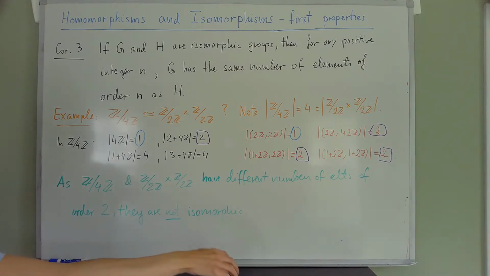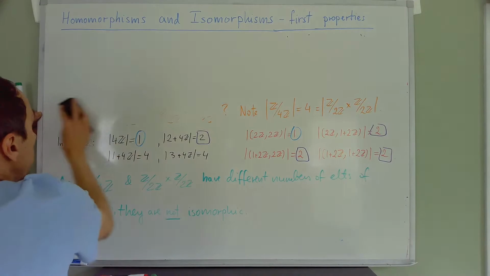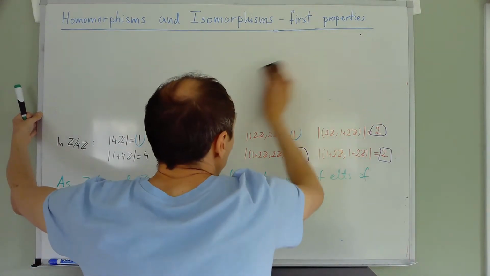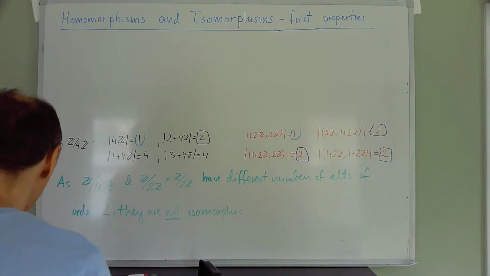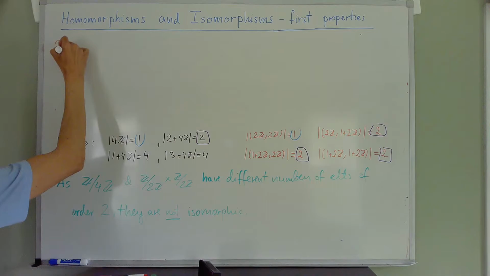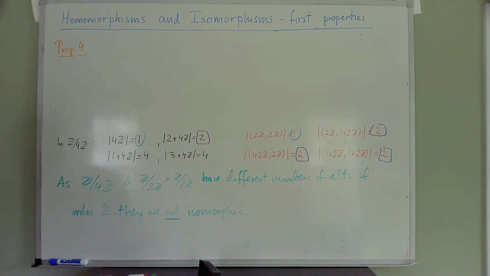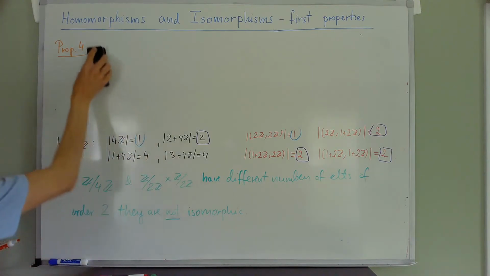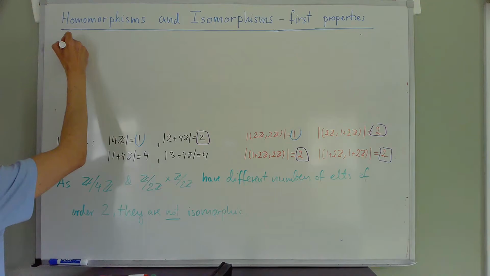Okay, let's prove some other properties of homomorphisms and isomorphisms. Some of them I'll leave to you as exercises, but some of them we'll prove. So here's one that is an exercise, proposition 4. Actually, before I talk about the proposition, let's just introduce the following notation.